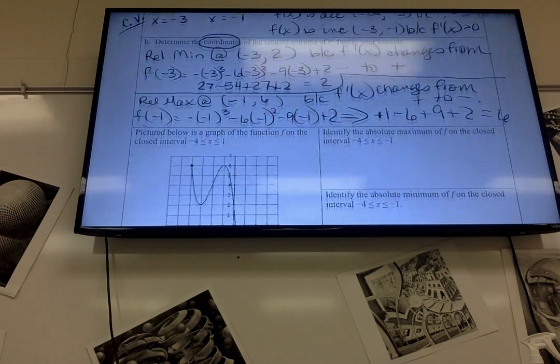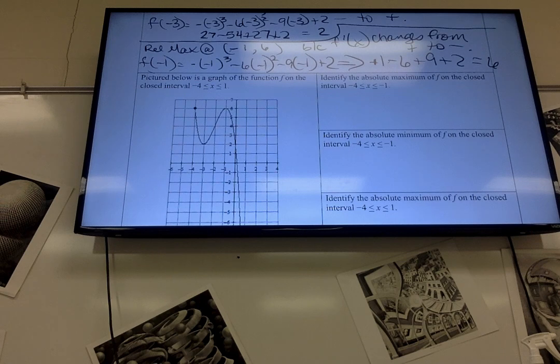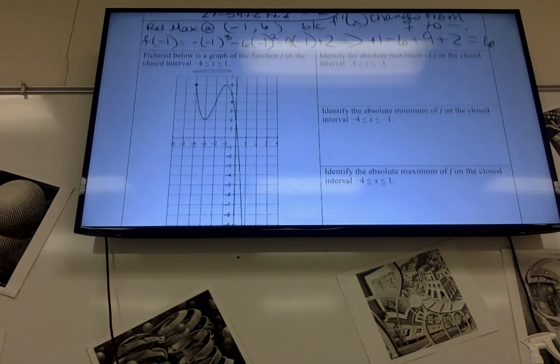Okay, so this function is pictured here. But it's only pictured from negative 4 to 1, so on a closed interval. We're going to find the absolute maximum on this closed interval, so just on the picture.